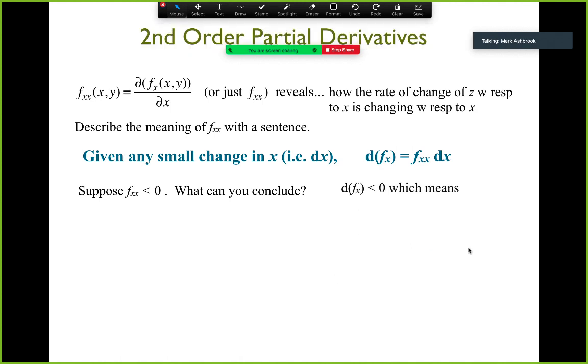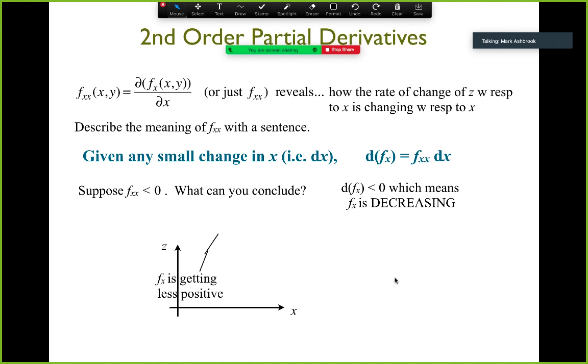If the change is negative, it means your rate of change is decreasing. So when the second derivative is less than 0, the rate is decreasing, and there are two ways that can happen. Either the rate's getting less positive, so higher rate, lower, lower, lower positive rate, or the rate is getting more negative, a greater and greater negative rate. That's all a decreasing rate.